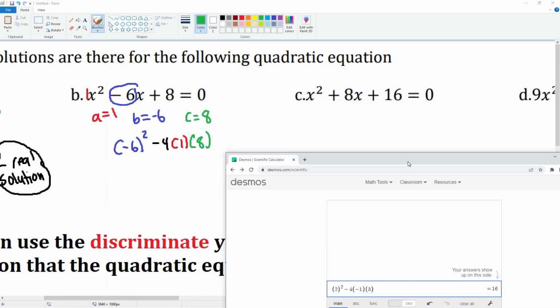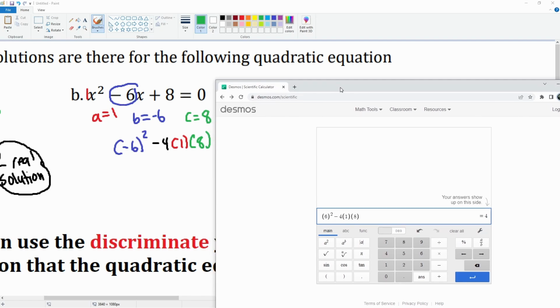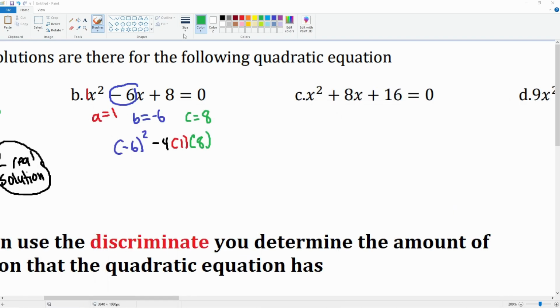Now all we have to do is plug it into our calculator: 6 squared minus 4 times 1 times 8. It equals 4. So the discriminant is 4, which is positive, so there are going to be 2 real solutions.